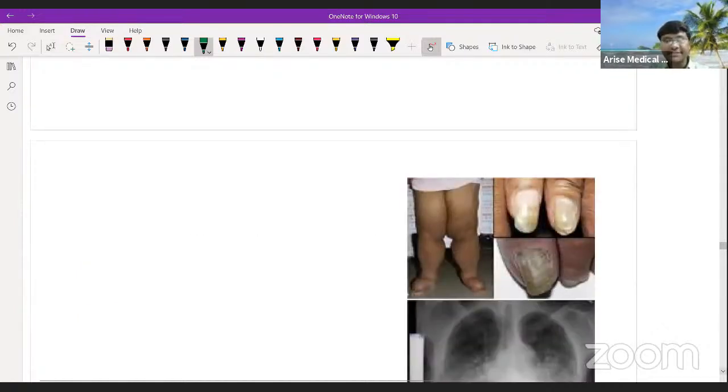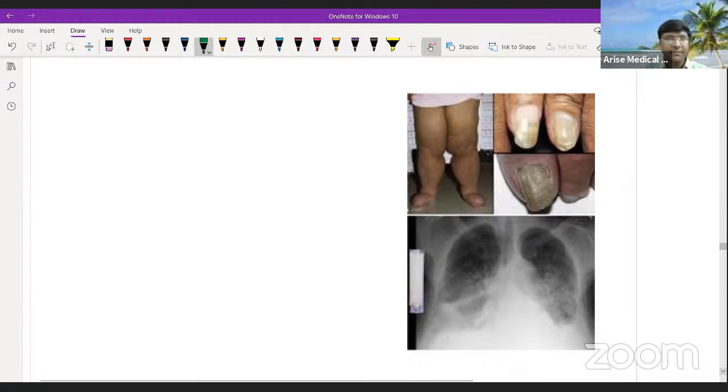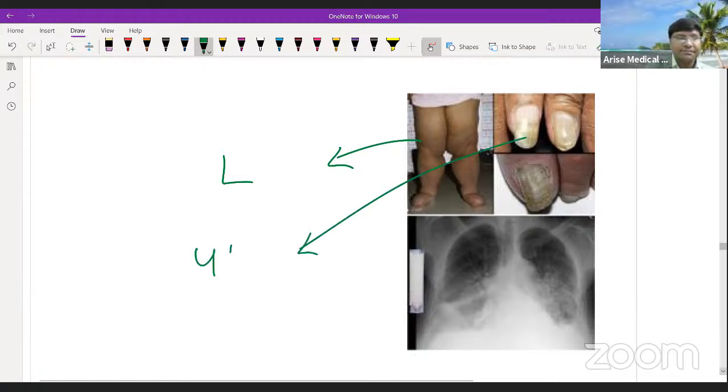So this is a triad. This is an image that can be shown to you as the triad itself. What is this? This is your lymphedema, and this is your yellow nails. And this is your pleural effusion.